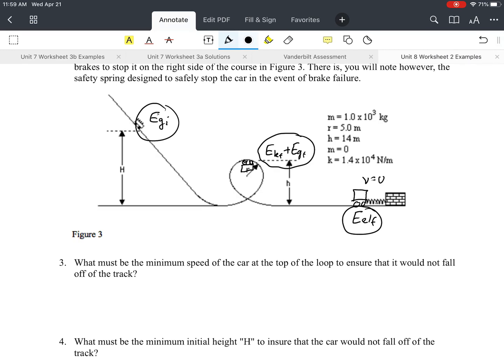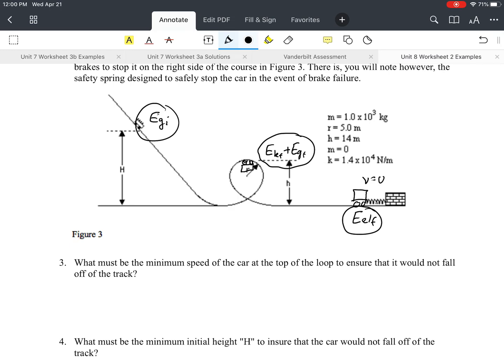So for number 3, it just says, what must the minimum speed of the car at the top of the loop be to ensure that it would not fall off the track? So it is going its absolute slowest so that it just makes it around the loop. And when it goes its absolute slowest, that's when the track has to do nothing to push on it.